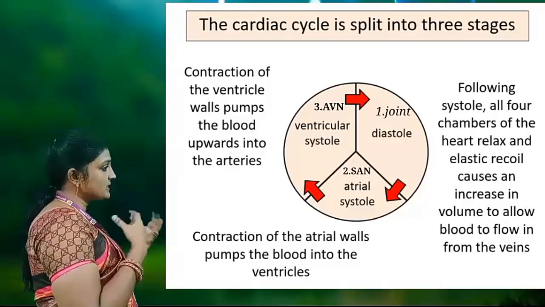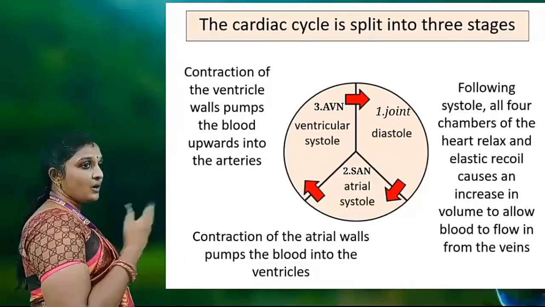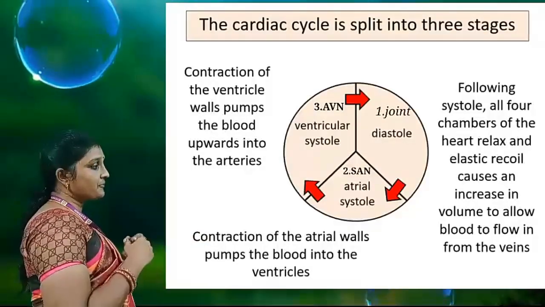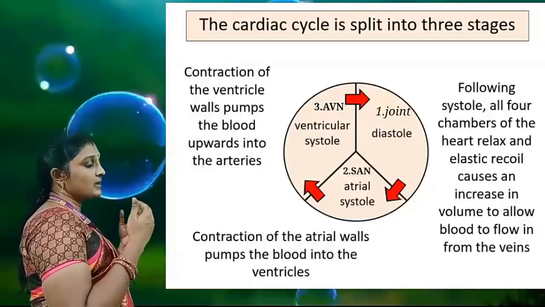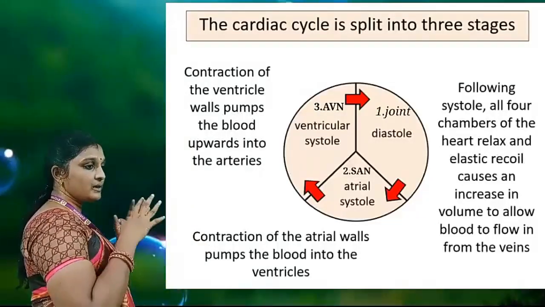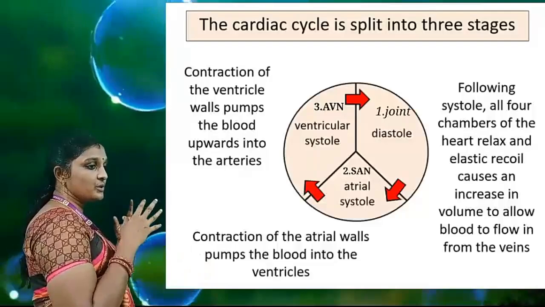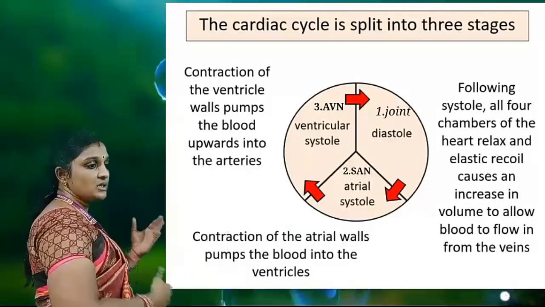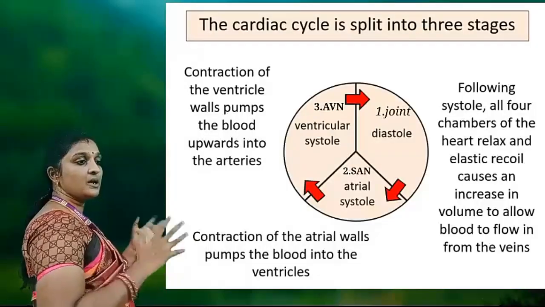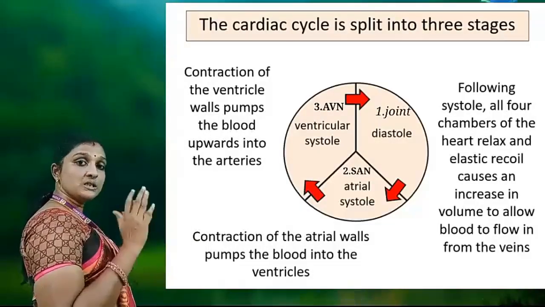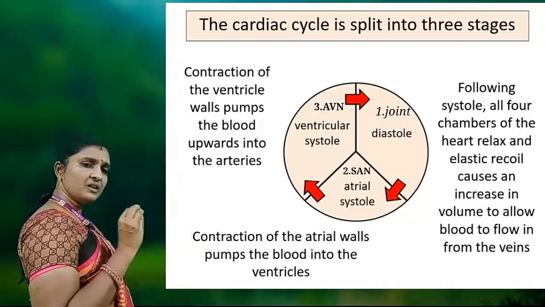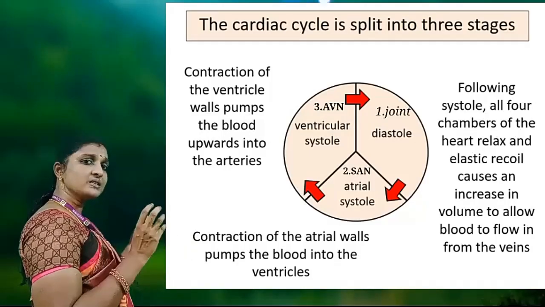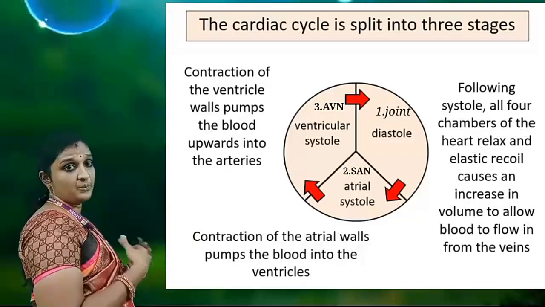Because of the ventricular systole, the blood moves out of the heart. After the blood moves out, both auricle and ventricle relax. Both go to diastole, which is called joint diastole. Again the sequential order is repeated in the cardiac cycle. This is the very important and interesting process which takes place in our body.